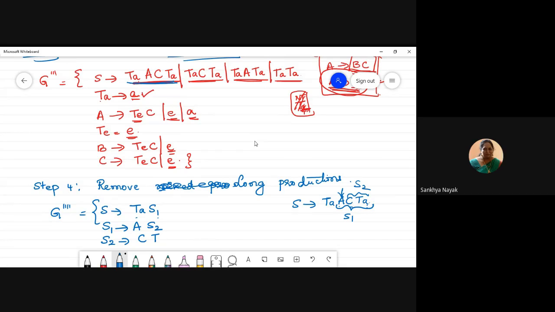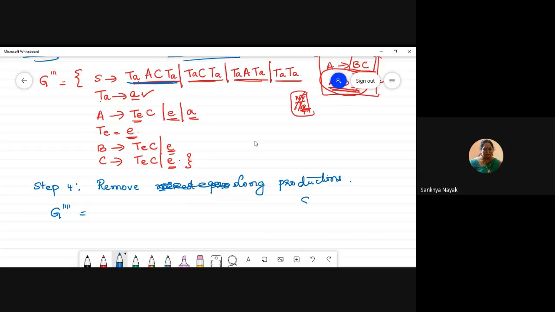I'll rewrite it again for you. The first one, if you consider, is T_A A C T_A. Four symbols are there. But my rule says you can only have two non-terminals on the right hand side. So I will write it as S derives T_A, and the remaining three symbols I'll call together S1. So S derives T_A S1.